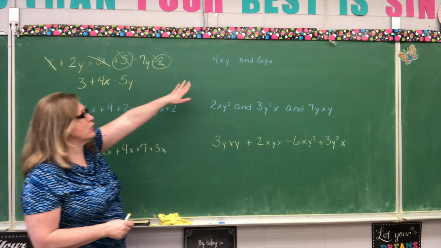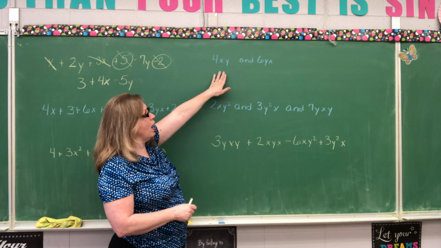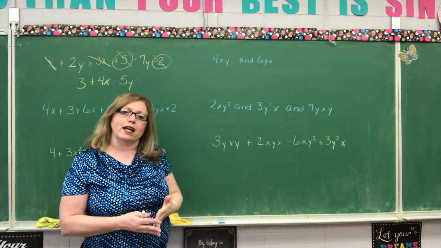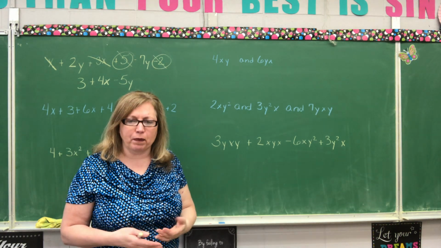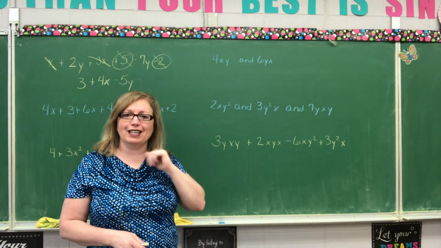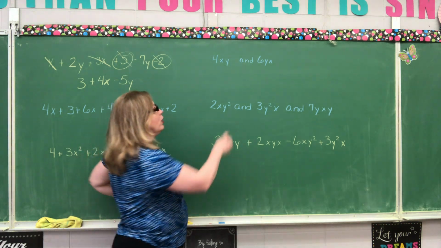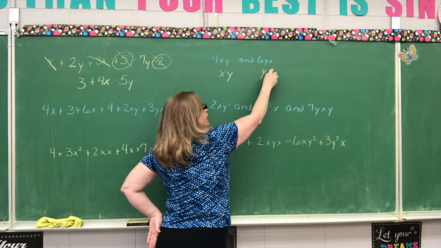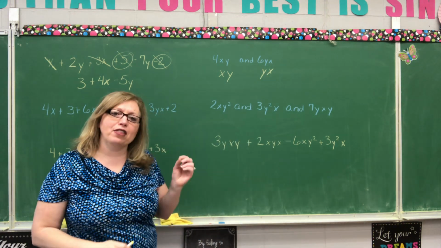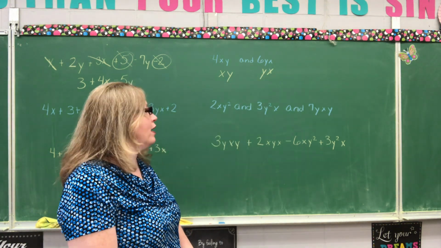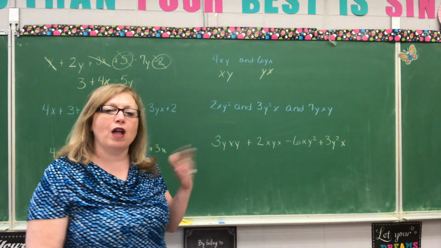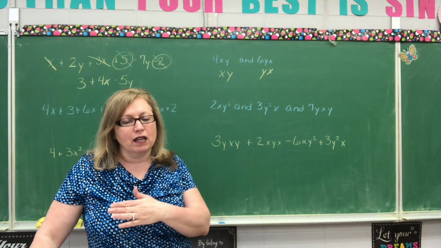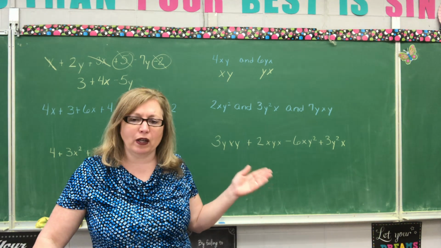I want us to look over at this problem. 4xy and 6yx, are those like terms? Can I combine them, okay? The first thing I'm gonna do is ignore my coefficients. So I'm only gonna look at xy and yx. Now, this one is not a very complicated one, so I can look at that and say, oh, well, I know that 2 times 4 equals 8, but 4 times 2 equals 8.